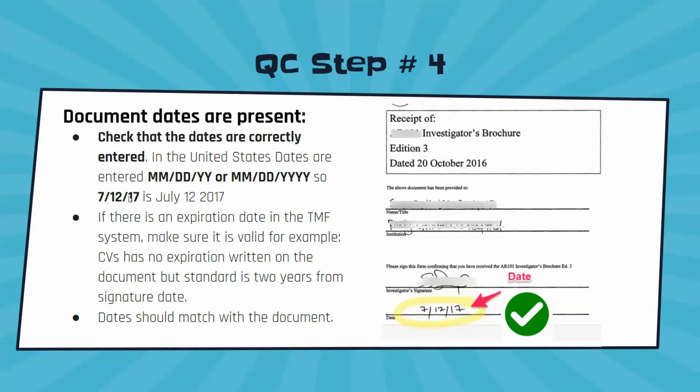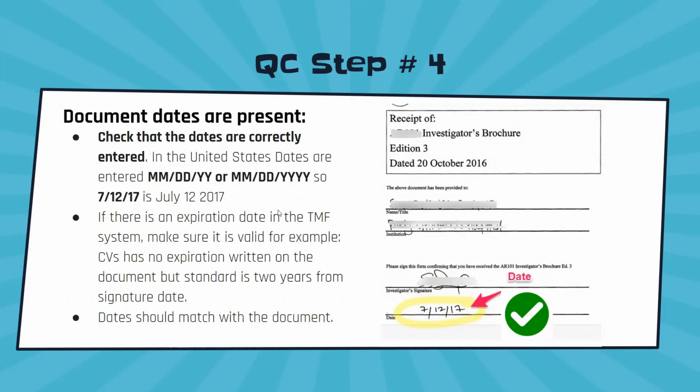Here it's clear, because otherwise it could be July 12th, or it could be December 7th for the European standard. So that's something that would be written out in company policies, to make sure that you know how you want to do that.